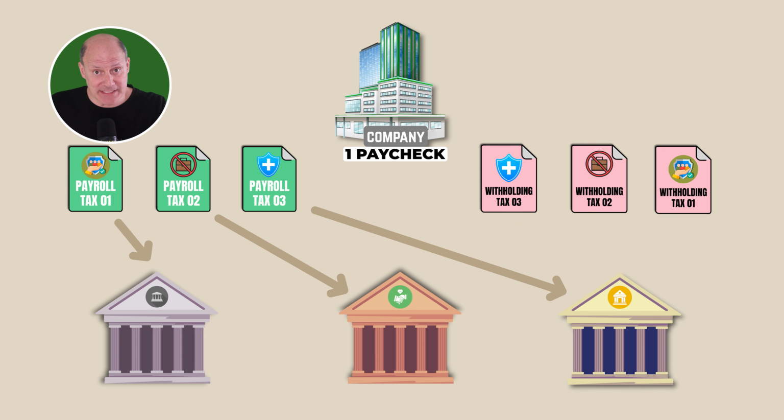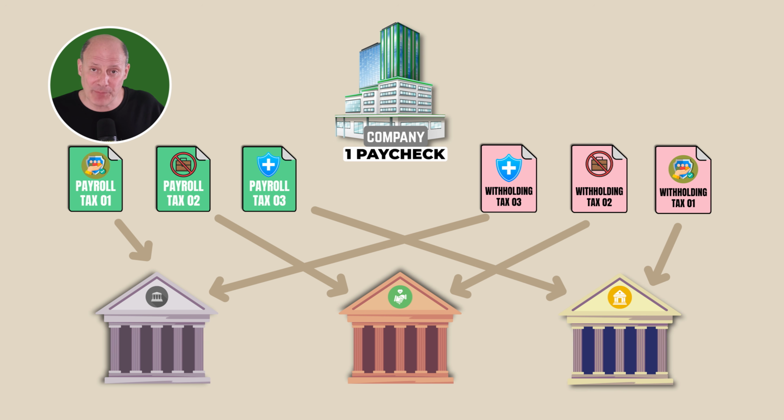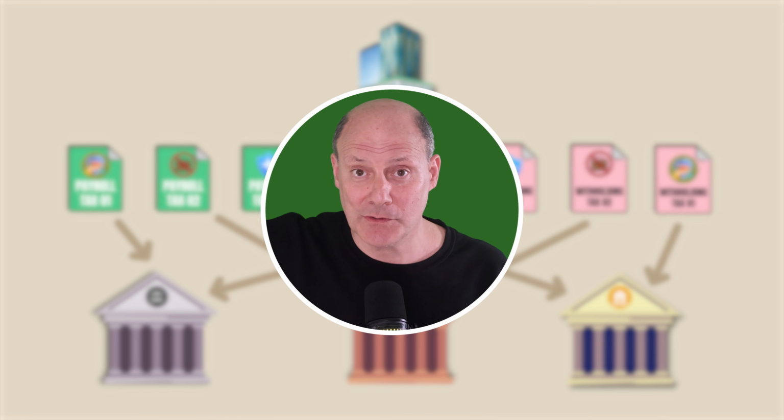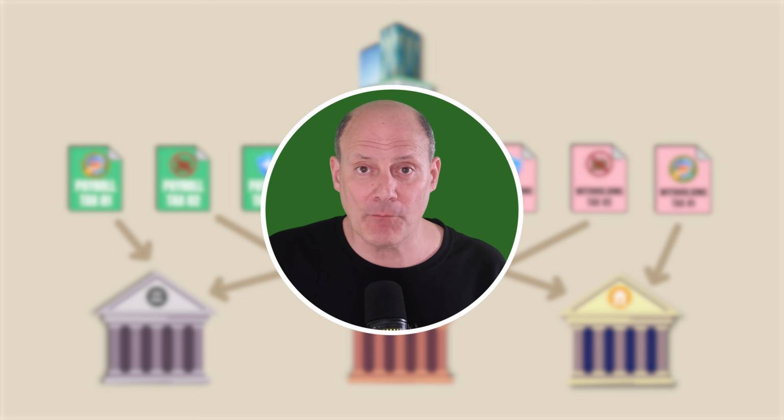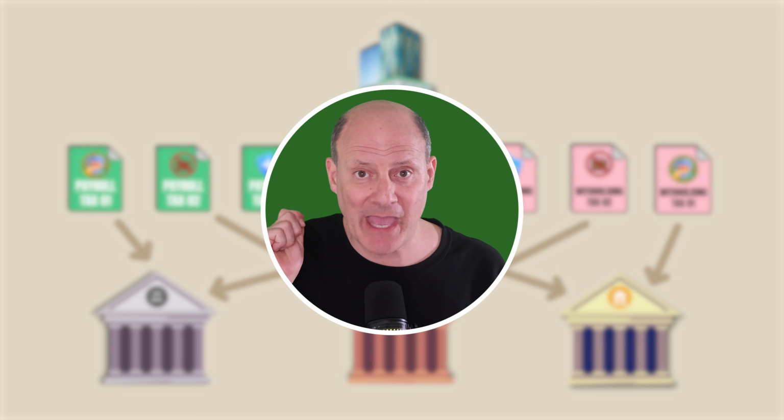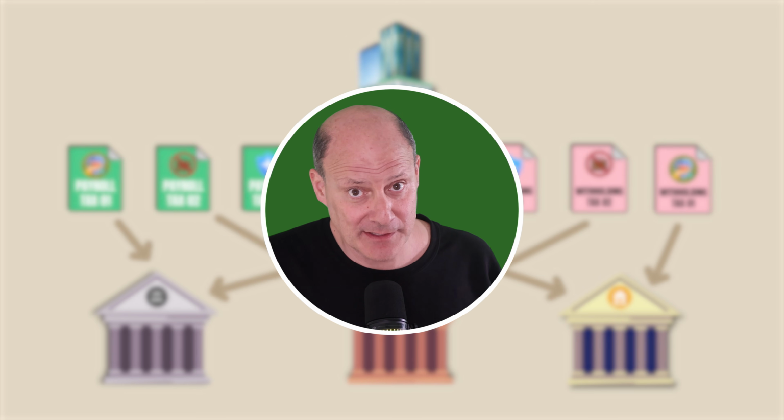And because the company withheld all of the different withholding taxes, the company also owes withholding tax from the worker to several different departments of government that each get sent in at a different time. Whew. We're talking about a massive amount of record keeping at the moment one worker gets paid one paycheck.